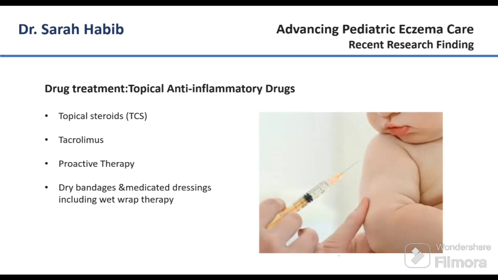In the West, in Europe, and in the UK, dry bandage suits and medicated suits are available for children, in which the underlying layer is a moisturizer, which is occluded by a dry bandage, so that all night the moisture and drug can go directly into the patient and do not get disturbed by dressings or blankets.